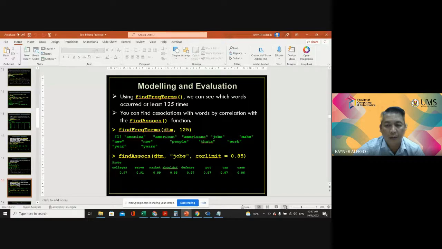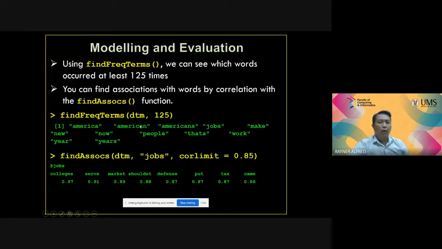Now we could also find frequent terms. For example, we want to find terms that exist at least a certain number of times. In this example, I want to find frequent terms that exist at least 125 times.